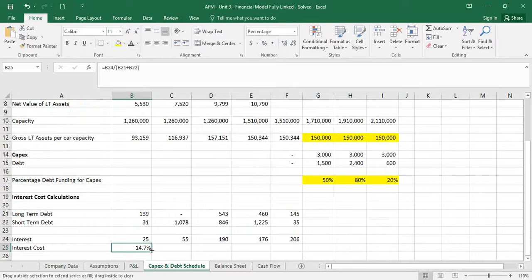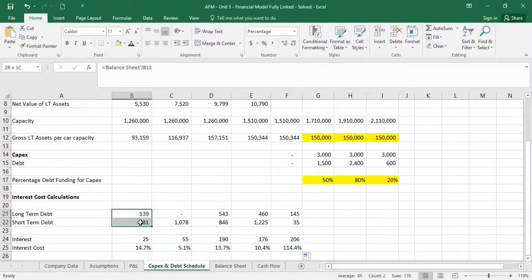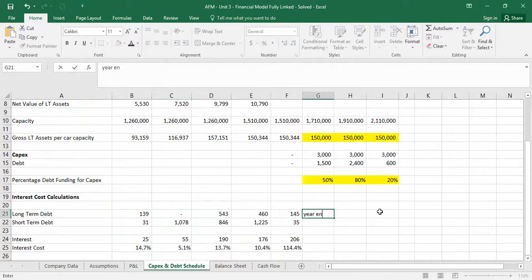In general, that's the kind of cost I'm going to see. Now we will find this number is all over the place. And why is it all over the place? Because the long-term debt and short-term debt numbers from the balance sheet are year-end numbers, while this number is from the P&L, an annual number. This is for one year, whereas these numbers are exactly on 31st March of that year.